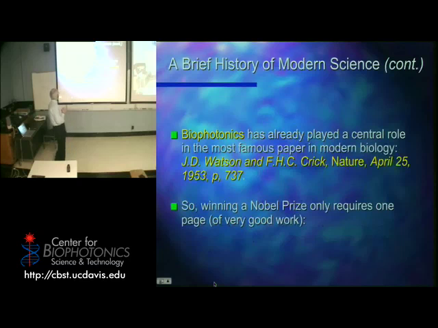And in fact, their paper, April 25th, 1953, page 737, the most famous paper in modern biology, in which they took X-ray diffraction patterns that had been made of DNA material, and in a very fierce competition with fellow scientists around the world, decoded the structure that would have created that particular pattern.